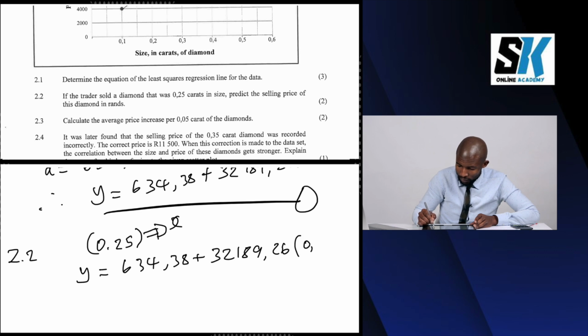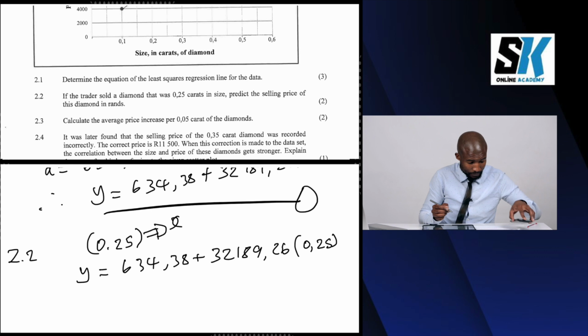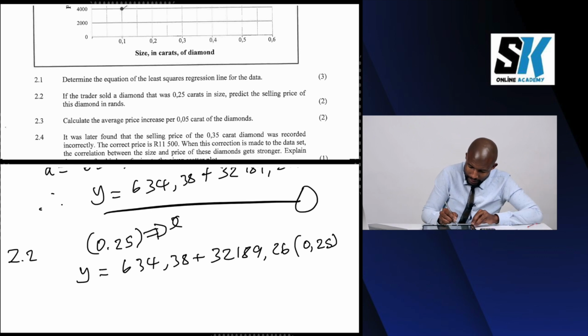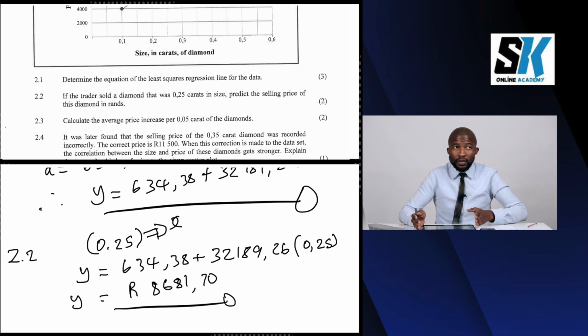Then we put that in our calculator, and we get the price in rands. It is going to be 8681.070. So that would be the price, that is 2.2.